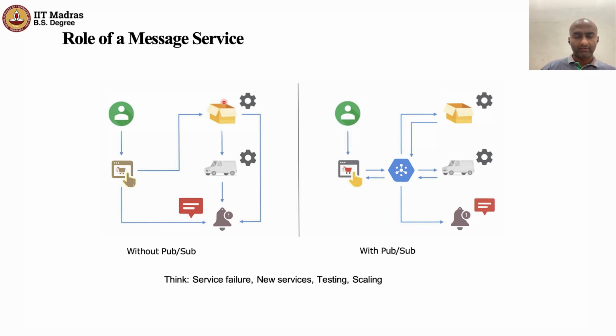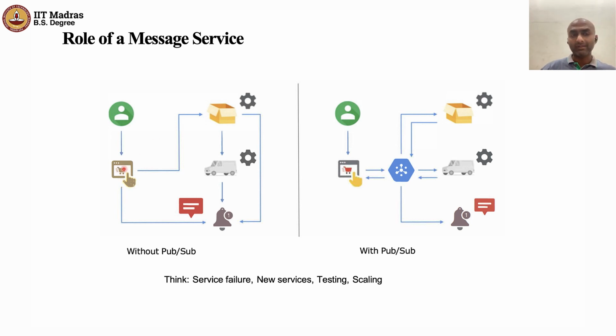So as an example, if the e-commerce platform or the website sends the notification to the packaging service, but for some reason the packaging service fails in the middle of doing something, then the ability to replay, the ability to do that packaging again, comes down to whether you can talk to that website and again get that same information, which might or might not be possible based on the design of the website.